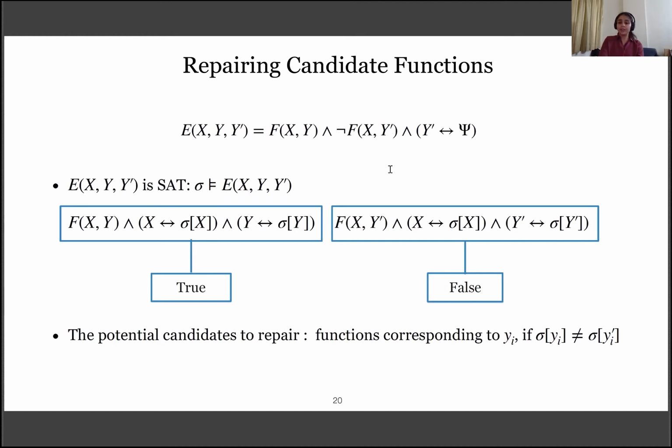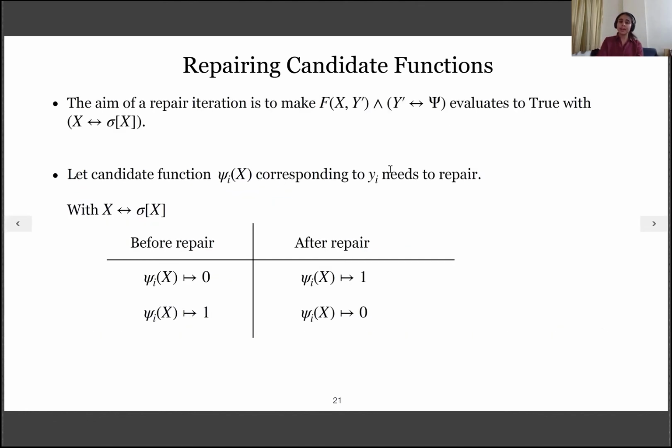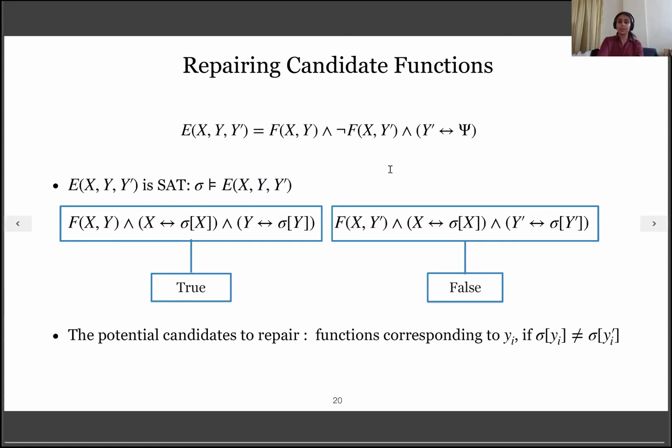So all the output variables where sigma yi is not the same as sigma yi prime, the functions corresponding to those yi we can consider as potential candidates to repair. So let us assume that psi i is such a function that needs to be repaired. So our aim of a repair iteration is to make sure that f of x,y prime equals true with respect to the current counterexample.